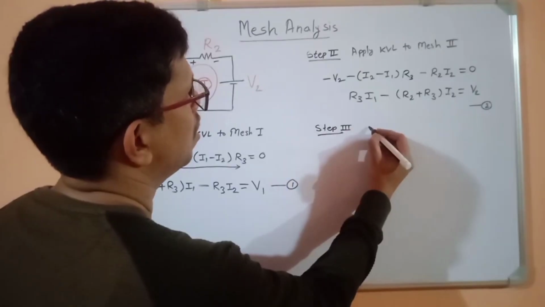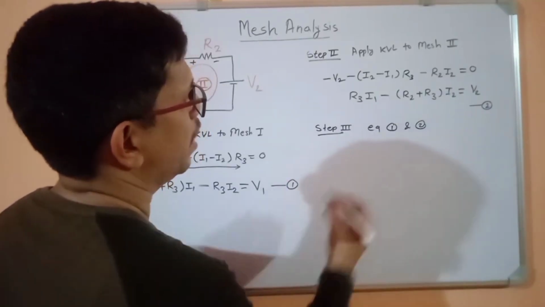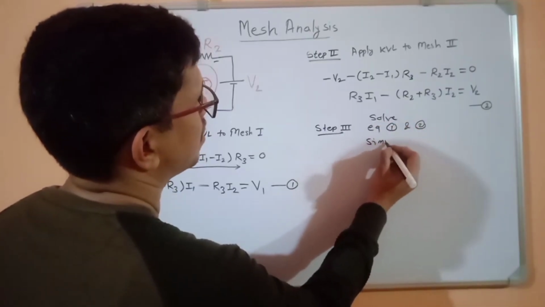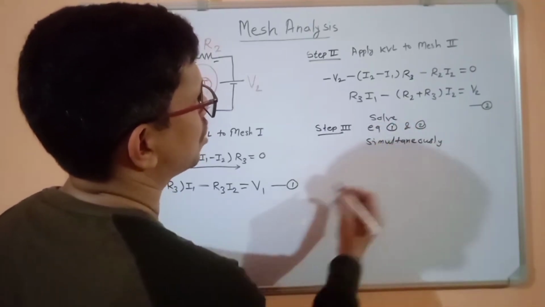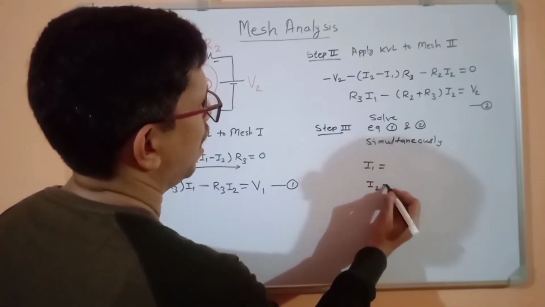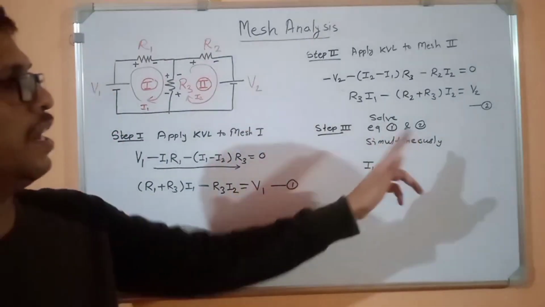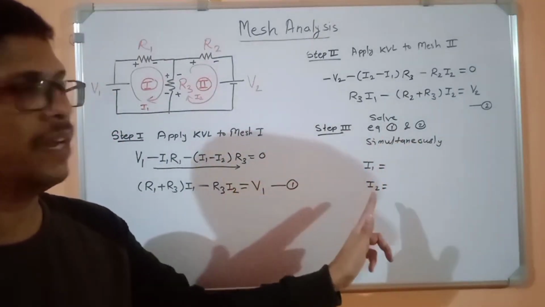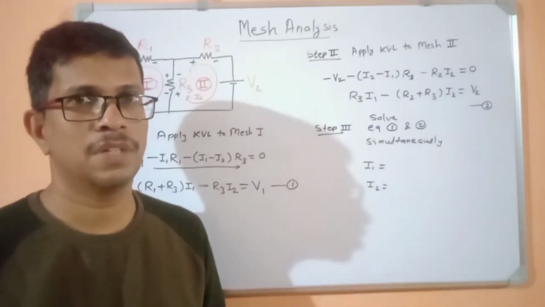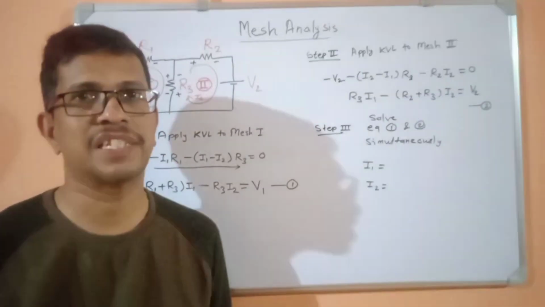We have to solve equations 1 and 2 simultaneously, such that finally we will get the answer of I1 and I2. In the next video we will see a numerical based on mesh analysis. Thank you.